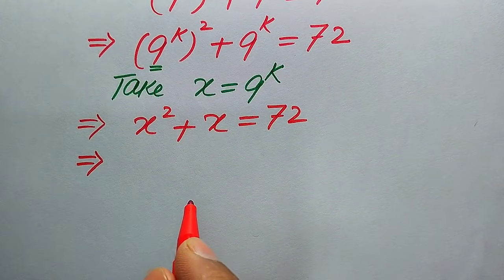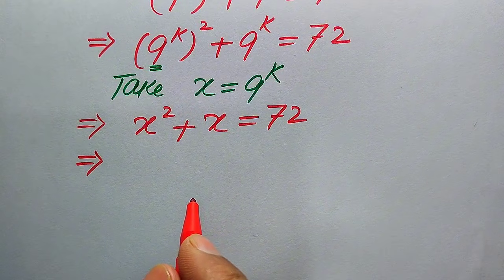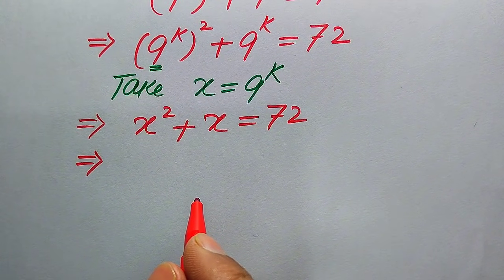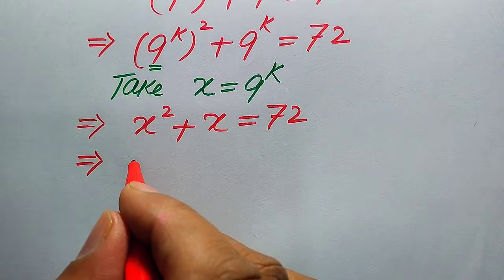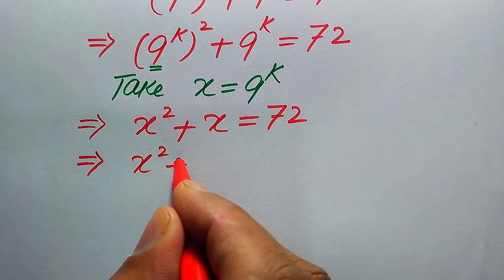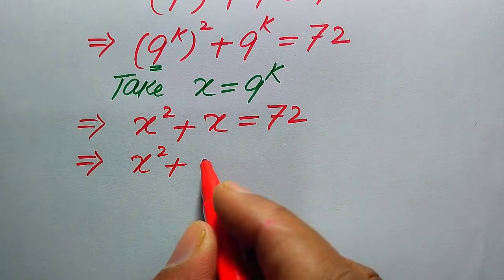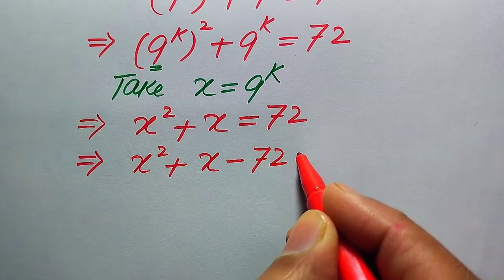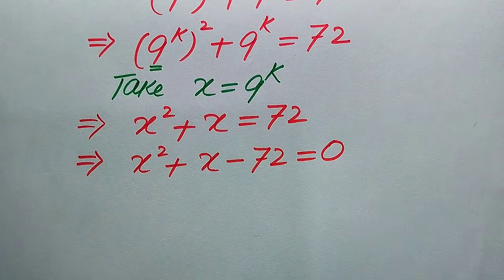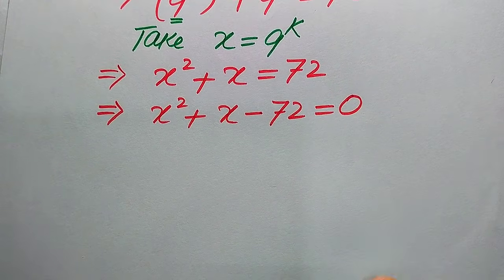You know that there are three methods to solve a quadratic equation. The first method is factorization, the second one is completing the square, and the third one is applying the quadratic formula. So here we solve this quadratic equation. For this we move the 72 from the right hand side to the left hand side, and it becomes x squared plus x minus 72 is equal to 0.